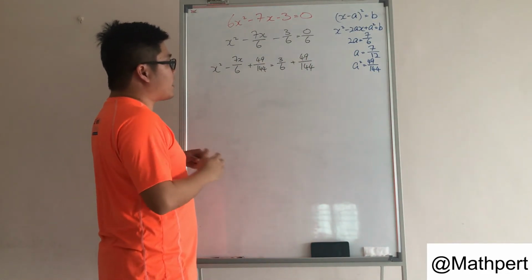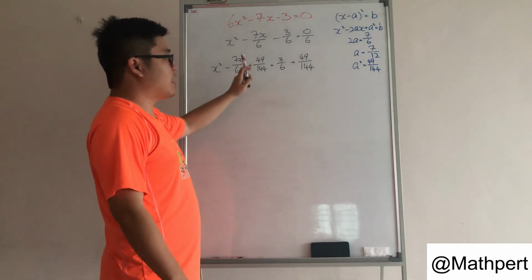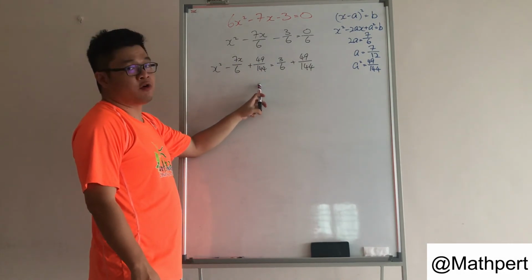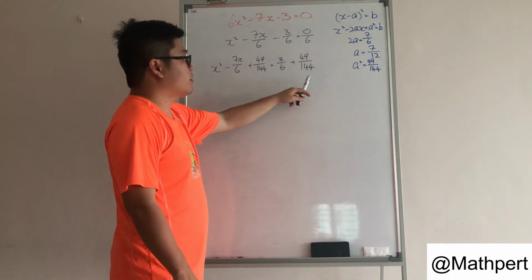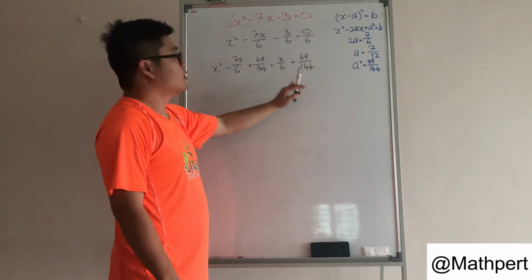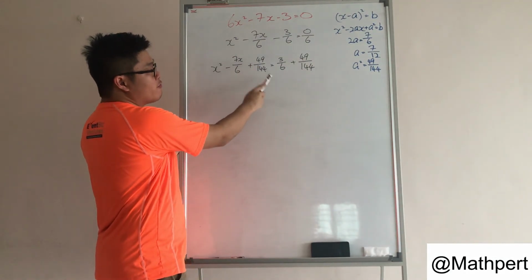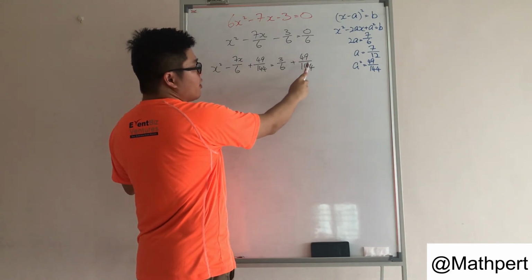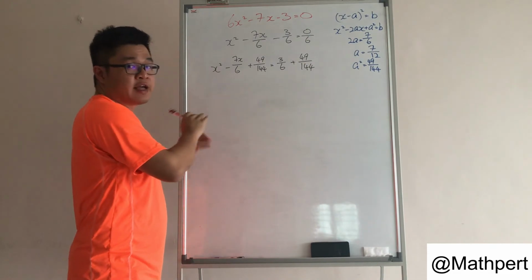The reason why I need to add 49/144 is because on the left hand side we added 49/144. So on both sides, the left hand side and the right hand side, we add the same thing, then it will cancel out. Because when we move 49/144 from the left hand side to the right hand side, it becomes 49/144 minus 49/144. It will both cancel out.